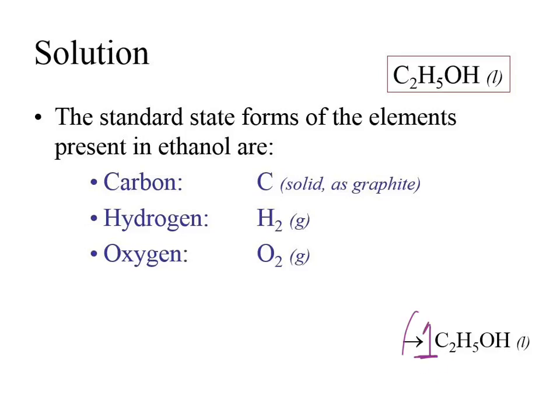Usually I don't really care as long as you balance it and your set of stoichiometric coefficients gets the same number of atoms of each type of element on either side of the reaction arrow, I usually don't care what your set of coefficients are, but that has to be 1. Okay, so then let's jot down the reactants. We'll put down carbon, solid, graphite, hydrogen, H2, the molecule, gas, and O2, gas.